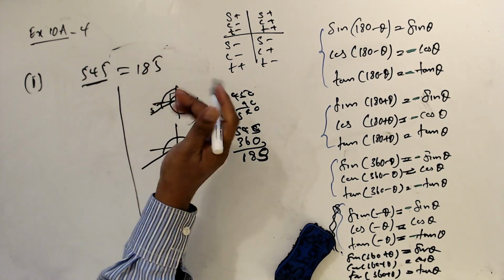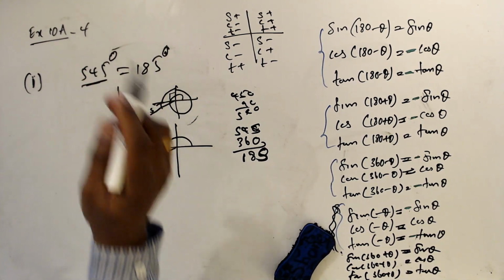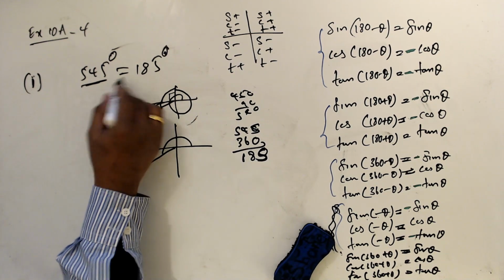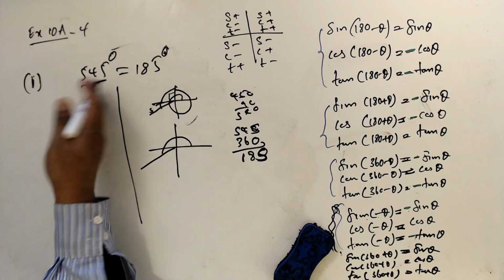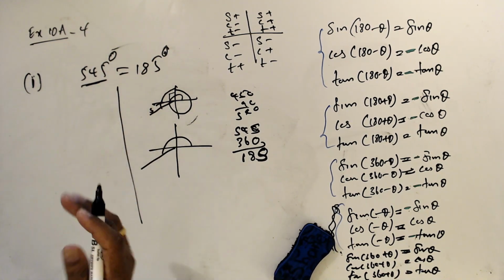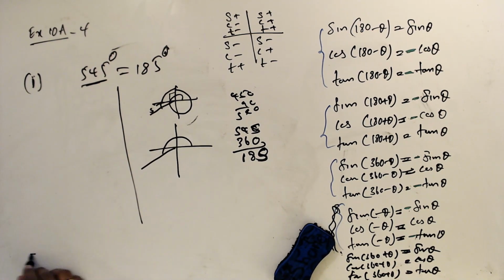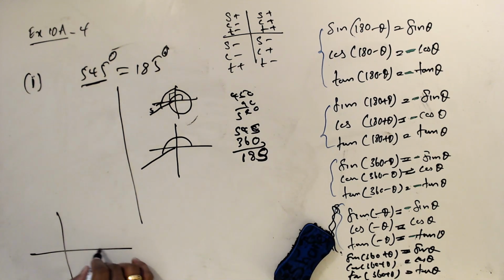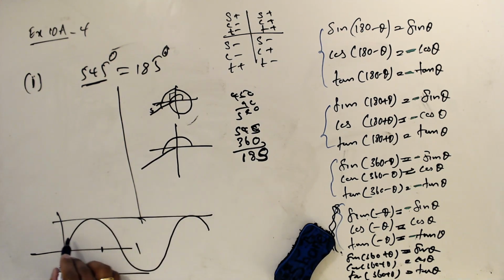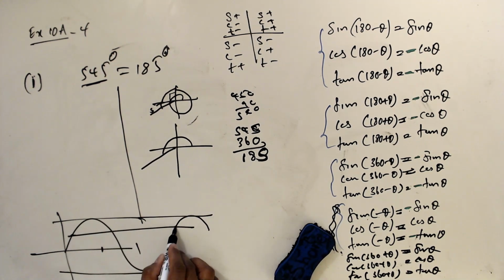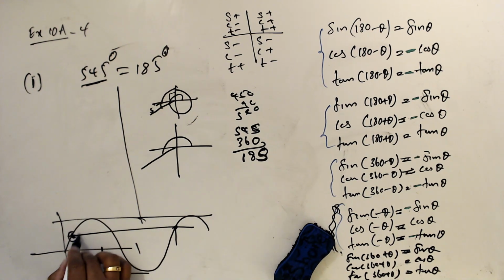545 is not equal to 185, and I can't actually put an equal sign, but when we consider the characteristics, they are the same. For example, the sine graph: in here and here, you can see the same characteristics.